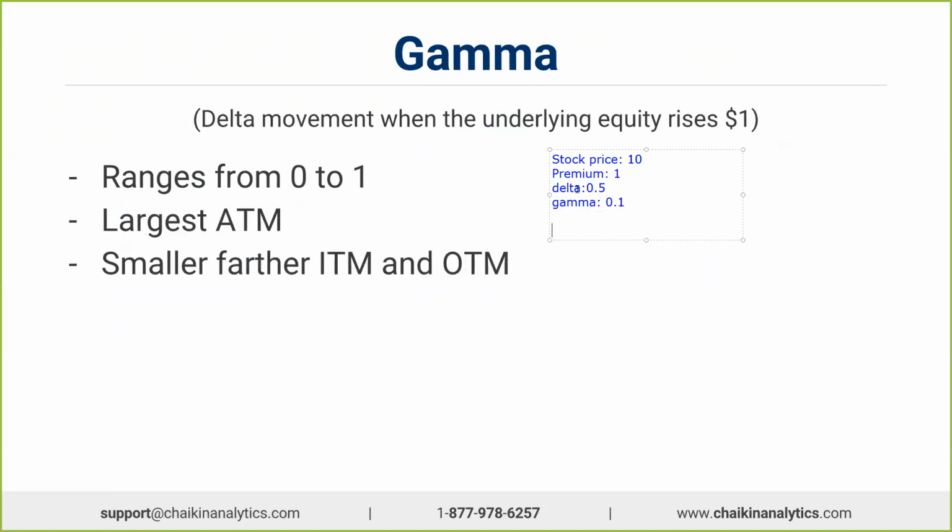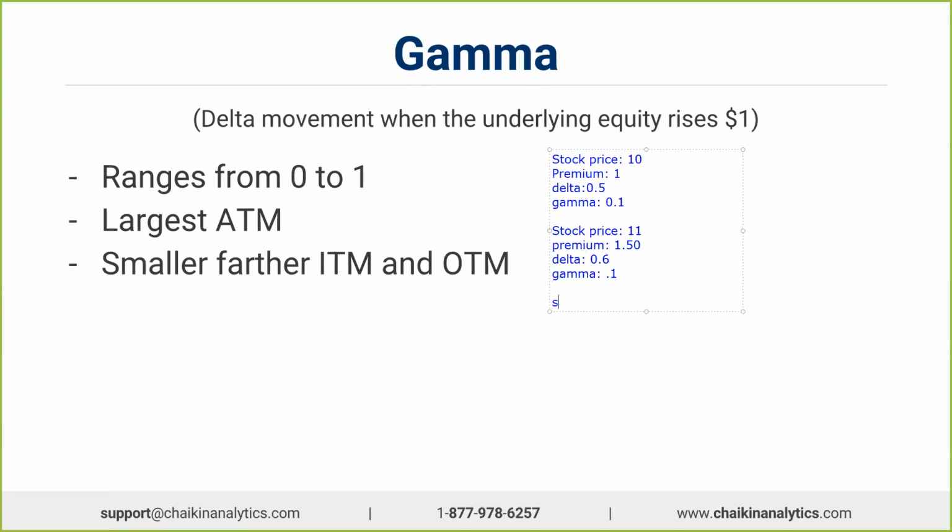When the stock price goes to 11, our premium will go to $1.50. And our delta will now be 0.6, because gamma says if we go up $1, delta is going to go up 0.1. We're going to assume that our gamma stays constant. It fluctuates a little bit, but not a ton. So we still have a gamma of 0.1.